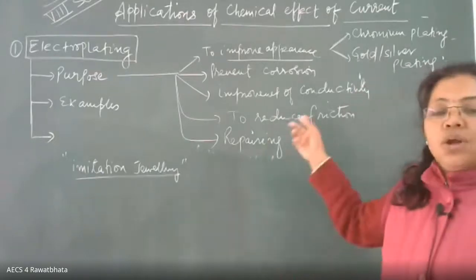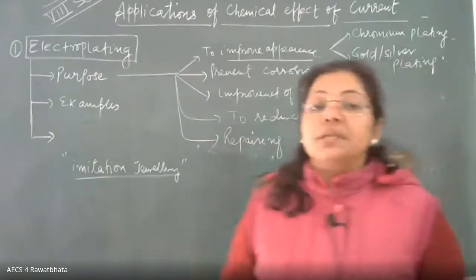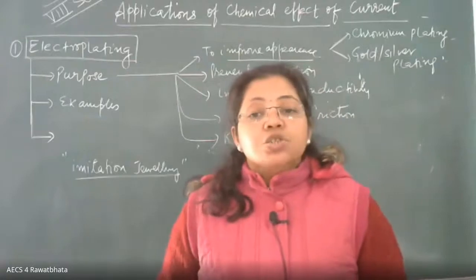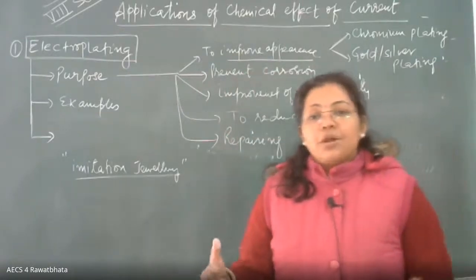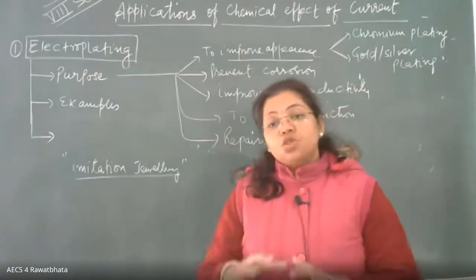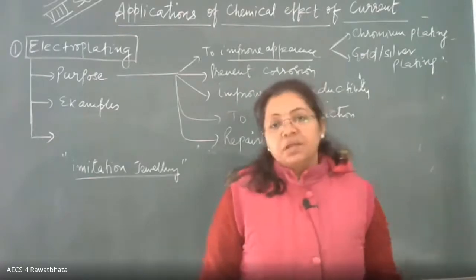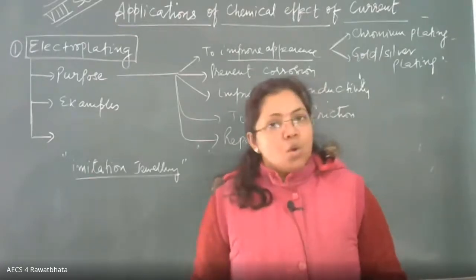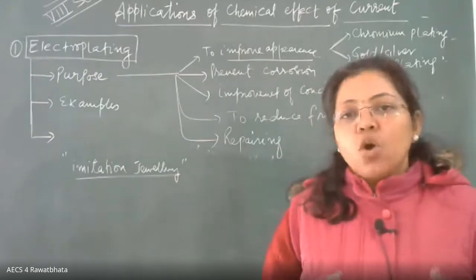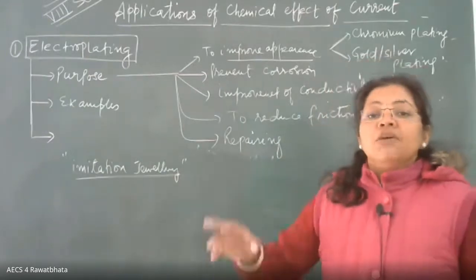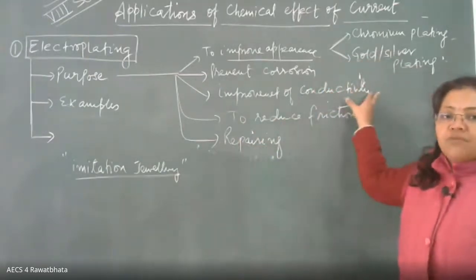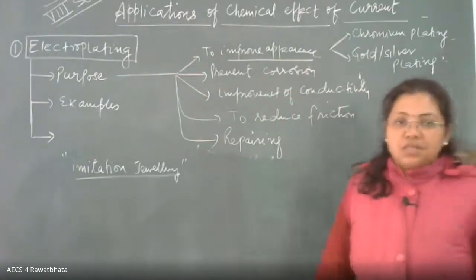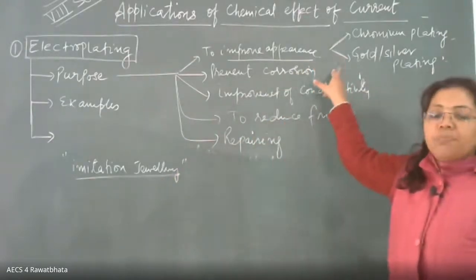We know that gold and silver are very expensive metals, so most people cannot afford jewelry made totally of them. So we make the whole jewelry of a cheaper metal like copper, and over that we make a layer of gold or silver with the help of electricity. So that is for improving appearance.